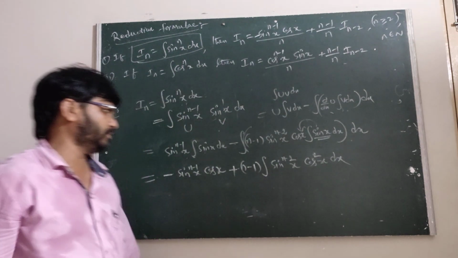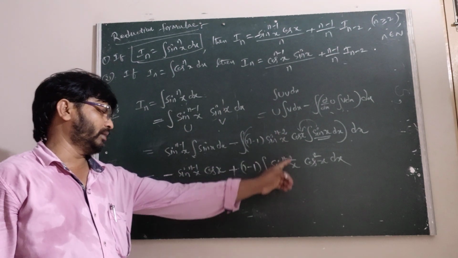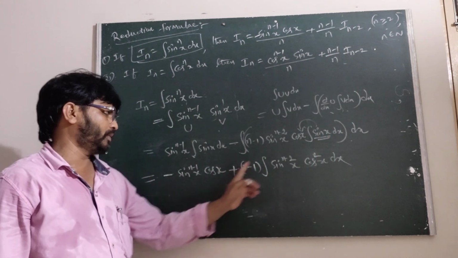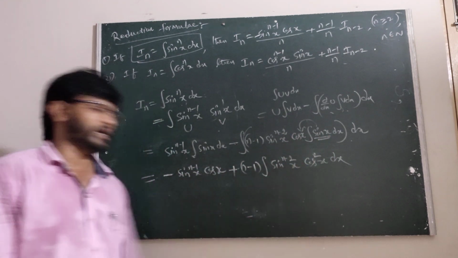Is it clear? The n-1 sin^(n-2) x, integral of sin x is minus cos x, minus into minus plus, cos into cos is cos square x.